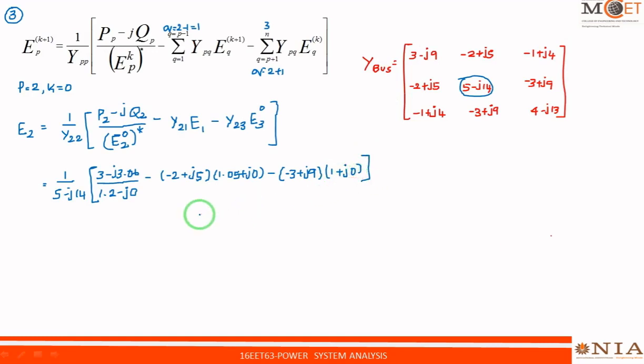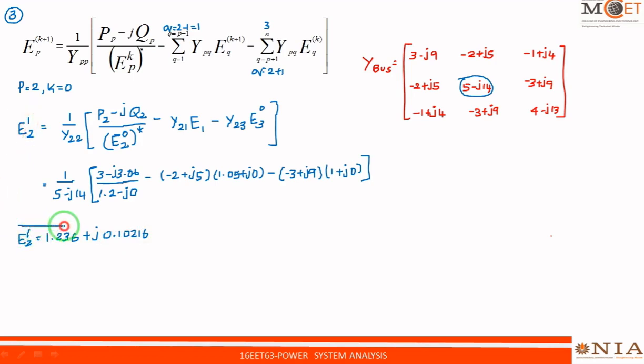So when I simplify this, finally I will get E2 as 1.236 plus J0.010216. So this is E2 at the first iteration.